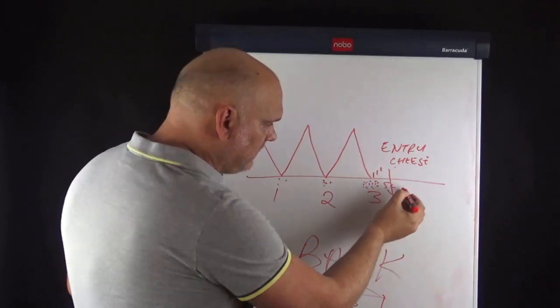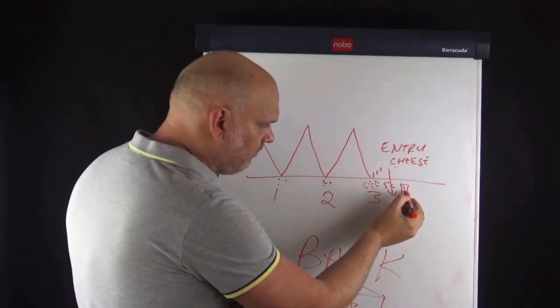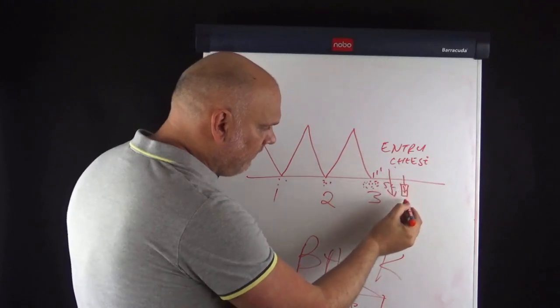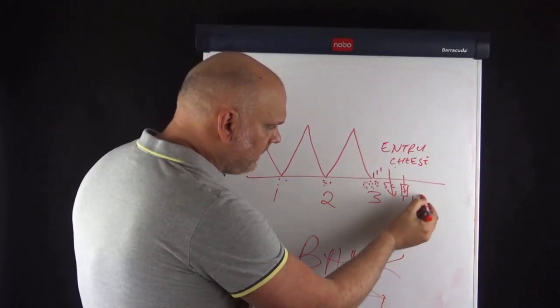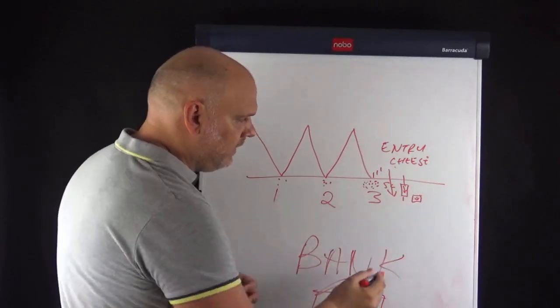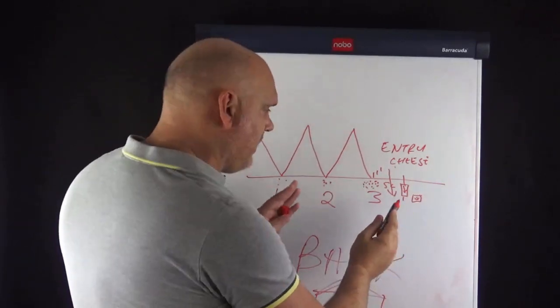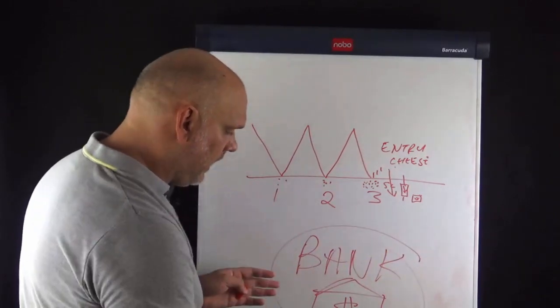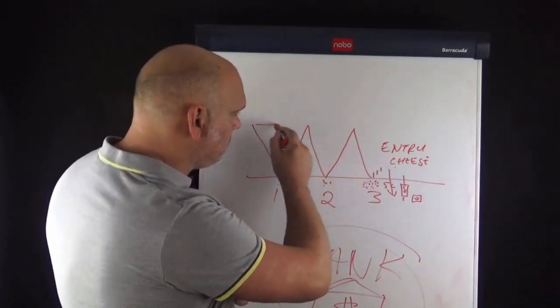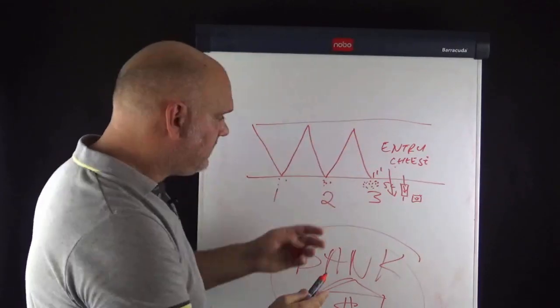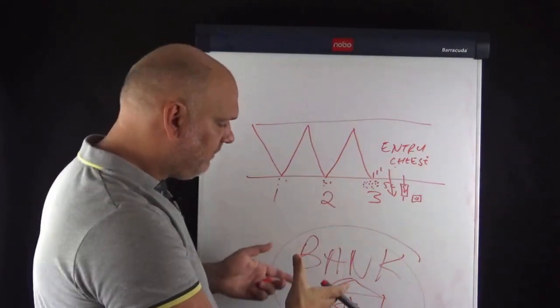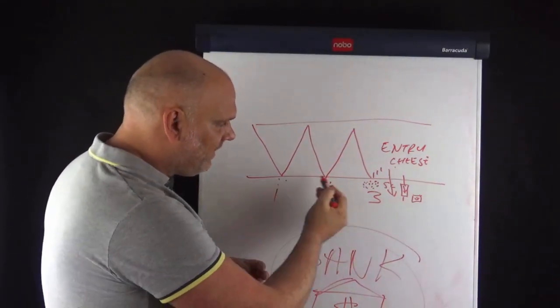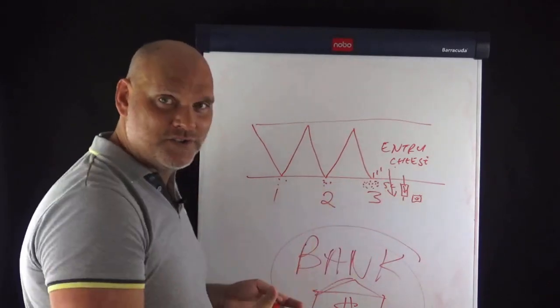So let's imagine these are two candles that break down through the level. Second candle. Now, what's just occurred there? Well, first of all, if you're a big bank and you want to take this trade as well, you want to be a buyer of this. Buy low, sell high. It's no different for the bank, but the problem is if everyone's buying, there's not going to be enough sell orders.